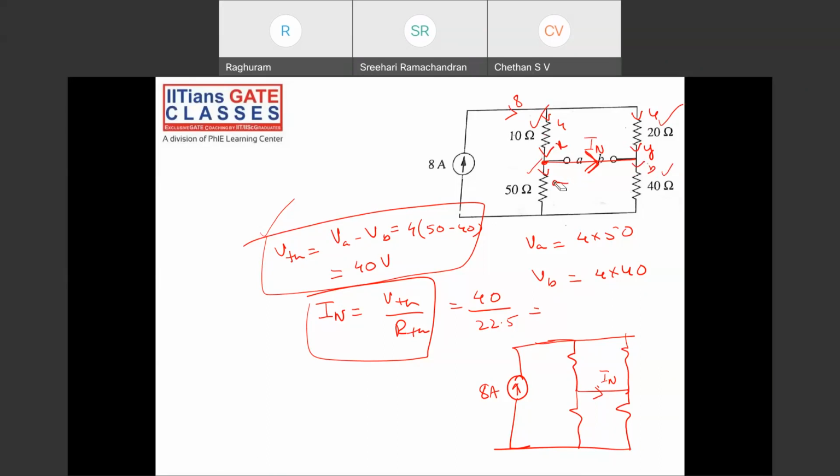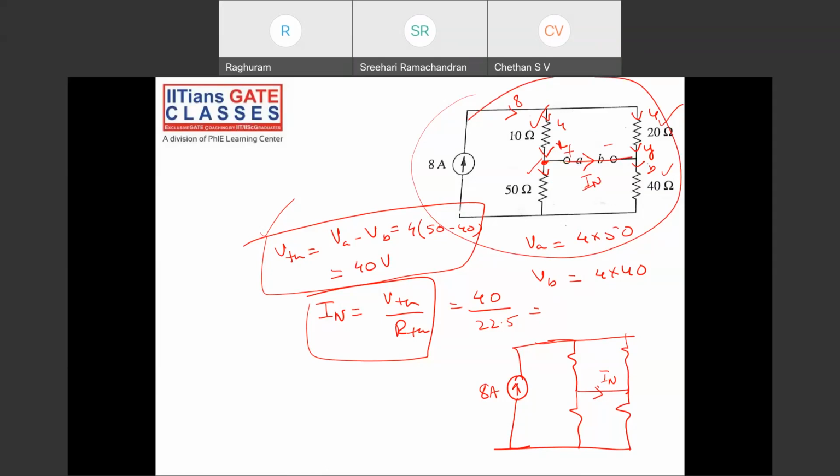If some problem like this is given in your exam to find IN, don't attempt it directly. You'll definitely get confused. Better to find the VThevenin and then do this, or you can find the dual of this network, find the voltage between the A and B terminals, and that is nothing but your IN.